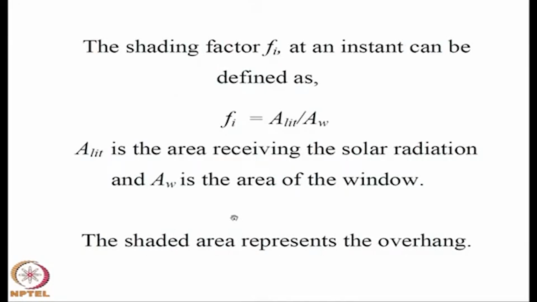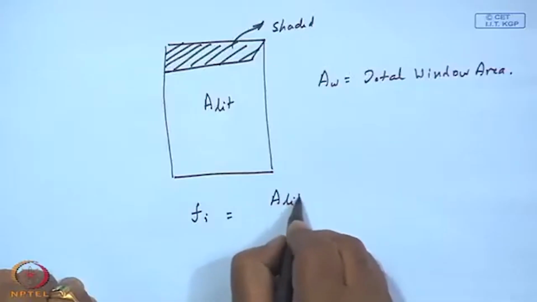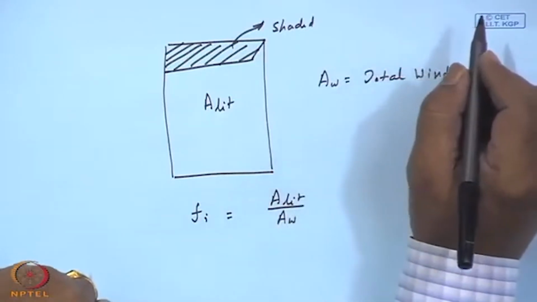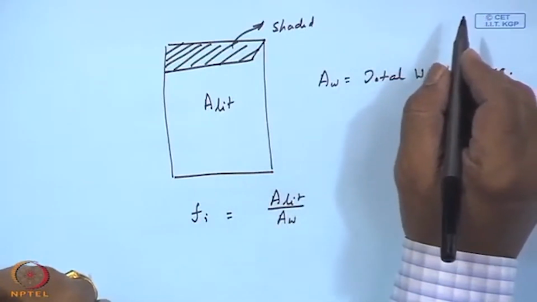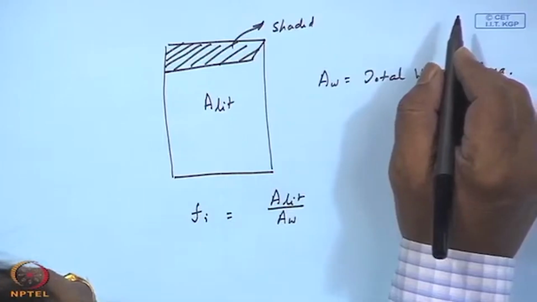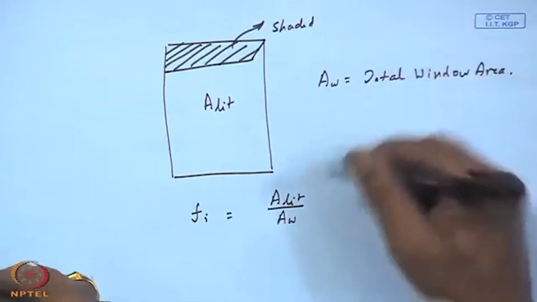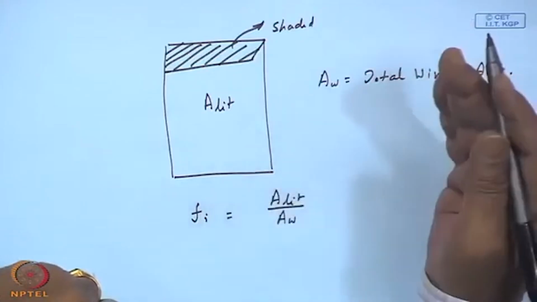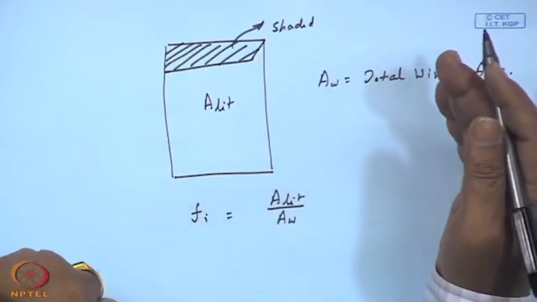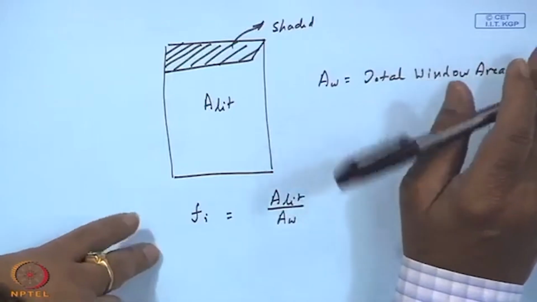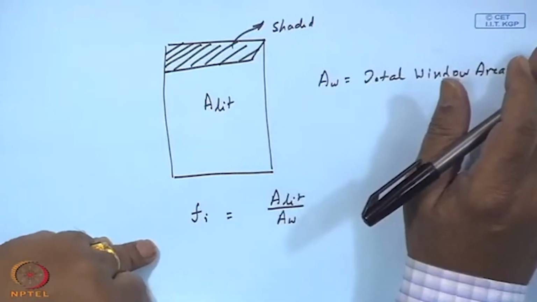So, this will be equal to A lit by A W. It is written in such a manner that instead of the shading factor it could be the lit factor. If A lit is equal to A W, F I is equal to 1. If F I is equal to 1, that means the window is not shaded. If F I is equal to 0, it is completely shaded.